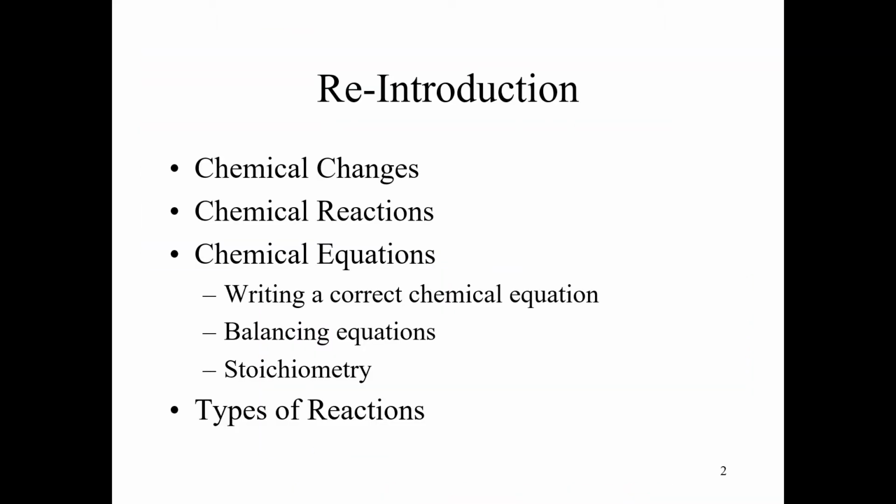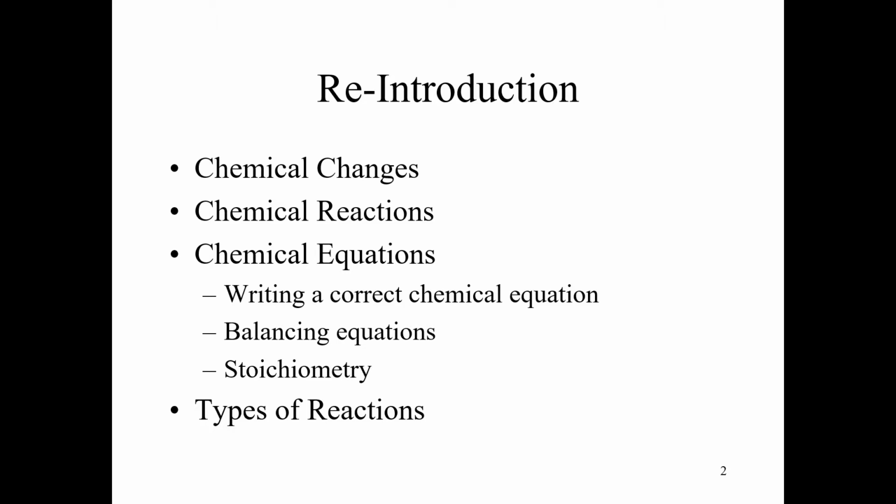Chemical changes. Remember, it's a change where there is a change in the composition of a substance or more substances. In other words, you end up with a different substance than what you started with, as opposed to a physical change where the substances involved do not change in composition. Now, a chemical change may consist of one or more chemical reactions.